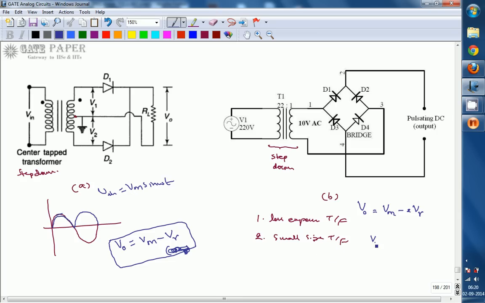For high voltage applications we can assume that Vm, the maximum input voltage, is very large compared to 2V gamma, so that V naught is approximately equal to Vm. This is only possible whenever Vm is very large.